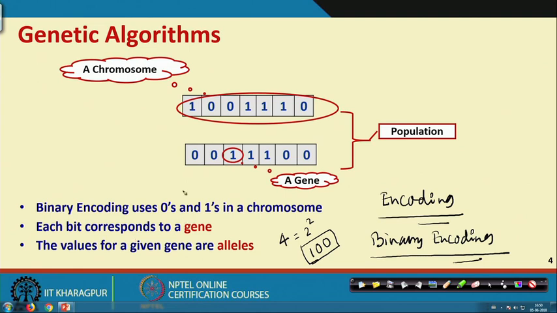Essentially every chromosome should represent a feasible solution. So, here a population of 2 chromosomes are shown. Every chromosome is basically a feasible solution to the problem.